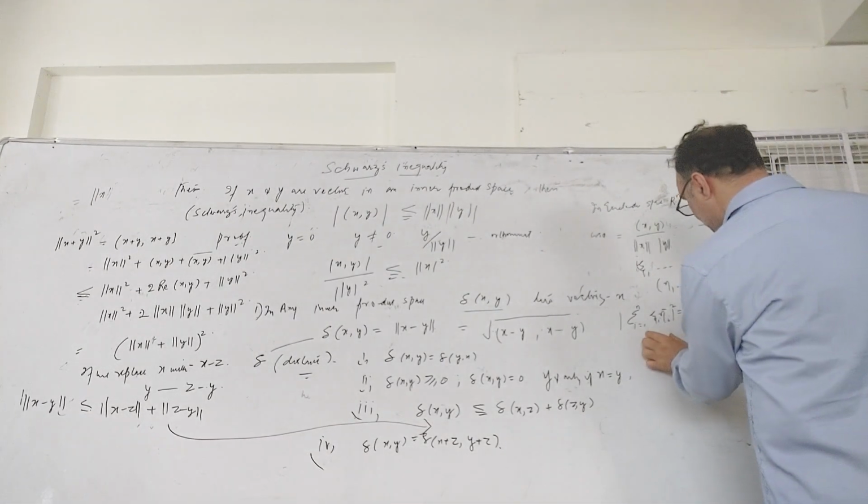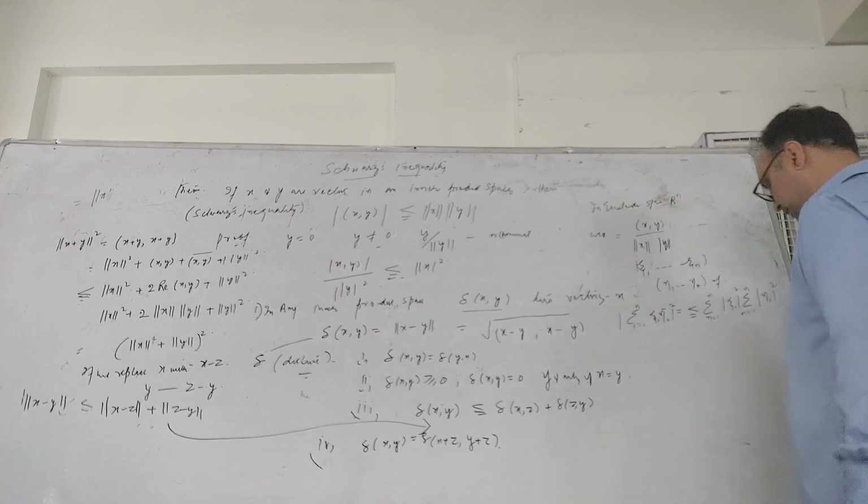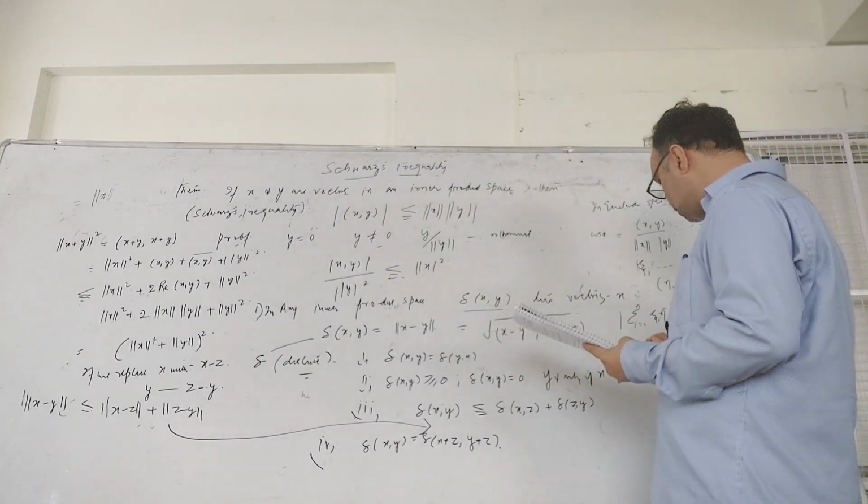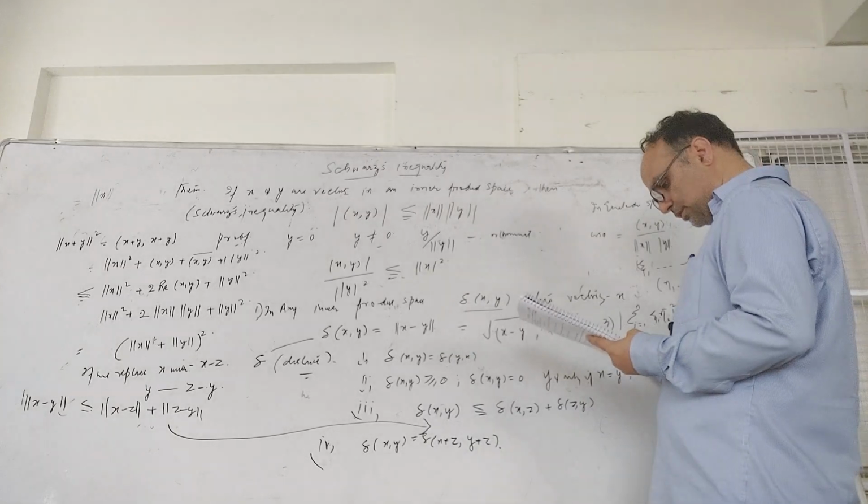So in a sequence of two, we can individually write it like this. So this is the third.